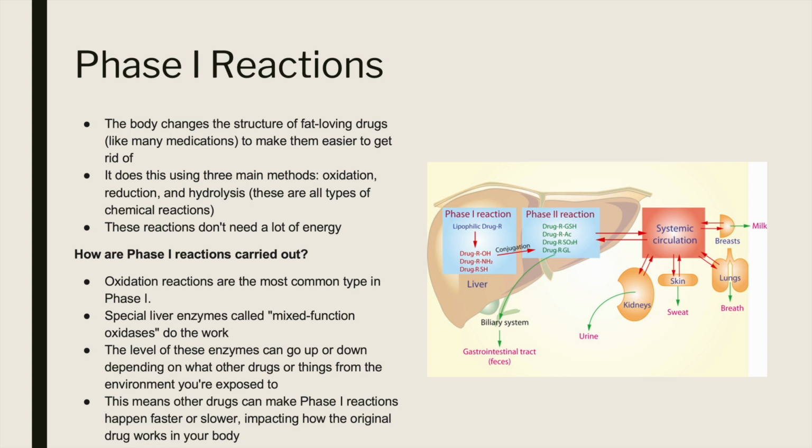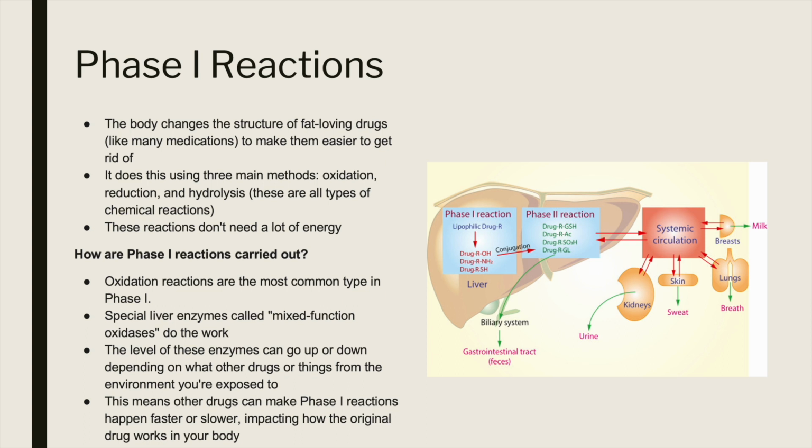We've got special liver enzymes called mixed function oxidases that do this work of oxidation. The level of these enzymes can go up or down depending on what other drugs or things from the environment you're exposed to. This means other drugs can make phase 1 reactions happen either faster or slower, impacting how the original drug works in your body.